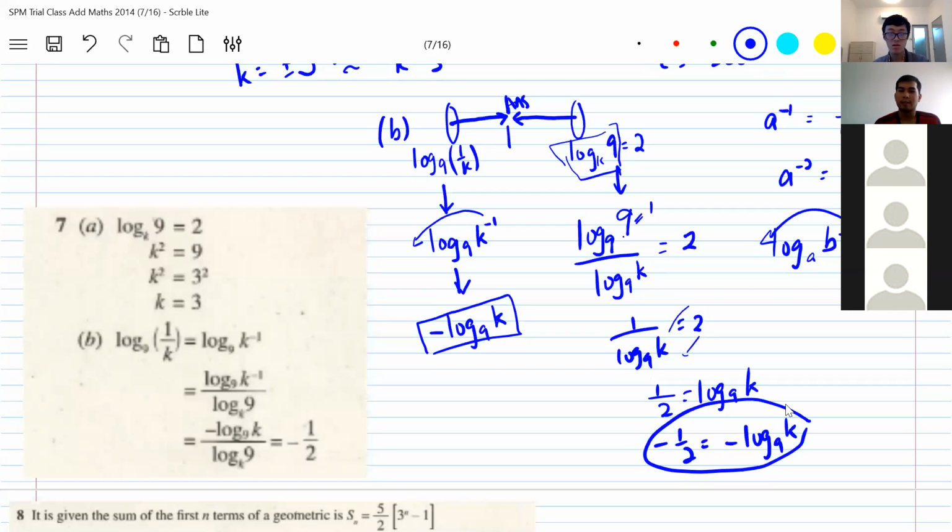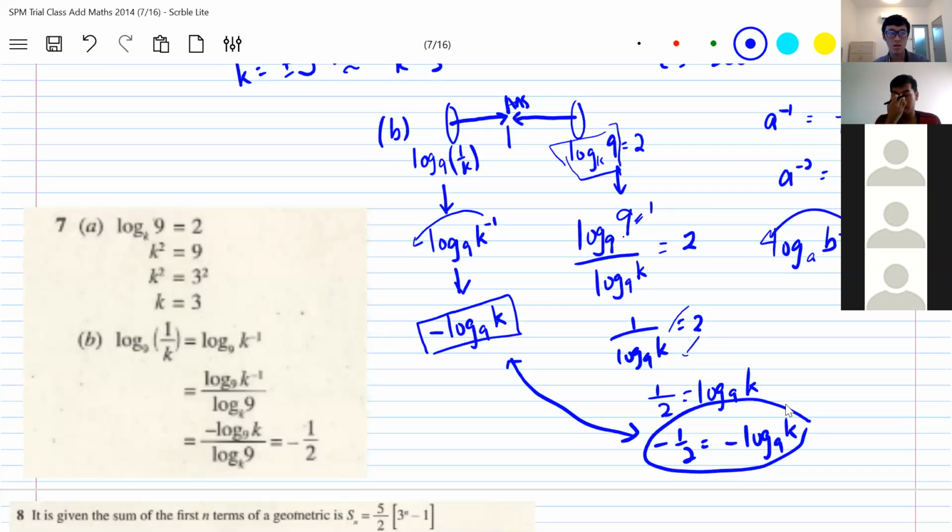This is your answer. So that is what I meant by meeting halfway. From here you can work all the way back. Just like this question, the answer is negative half.